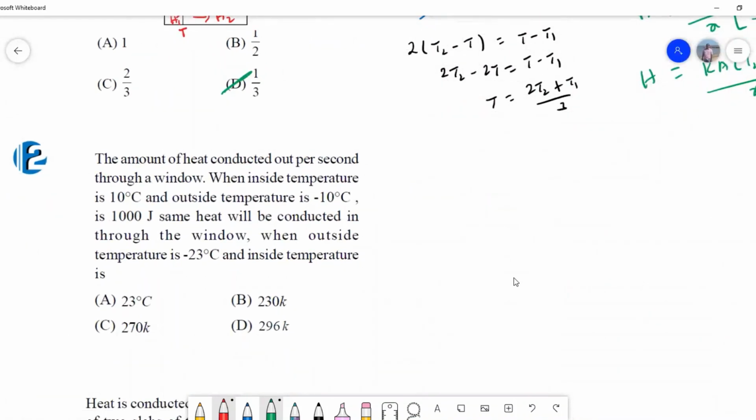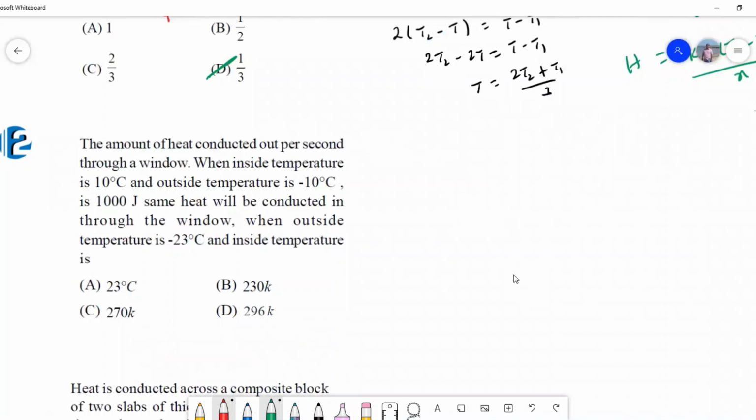Here the question is about the amount of heat conducted out per second per window when the inside temperature is 10 degrees centigrade and the outside temperature is minus 10. So here you need to take only the cross section of the window.